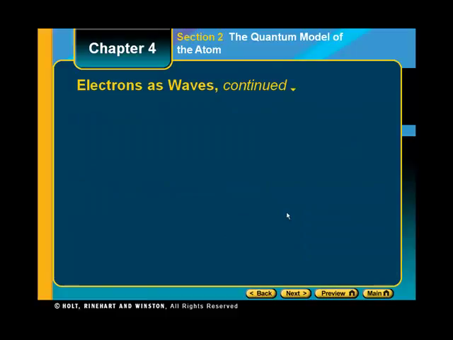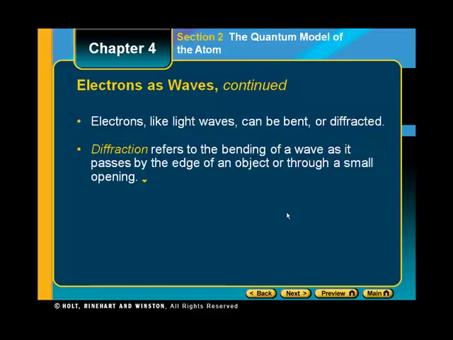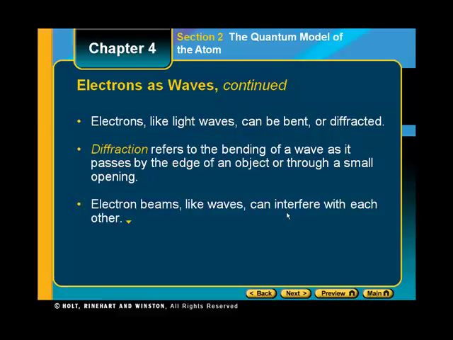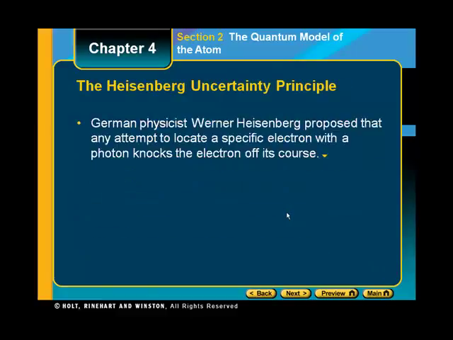And this was an insight because, what do waves do? Waves can have constructive interference, destructive interference, right? The electrons did the same thing. It was really kind of neat. They could also be diffracted. So they behaved sort of like a wave as well. Okay? They could be interfered with.